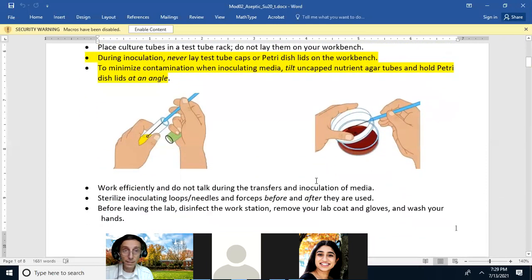During the inoculation, never lay the test tube caps down on the workbench. And when you take off the lid, never lay it down on the workbench.